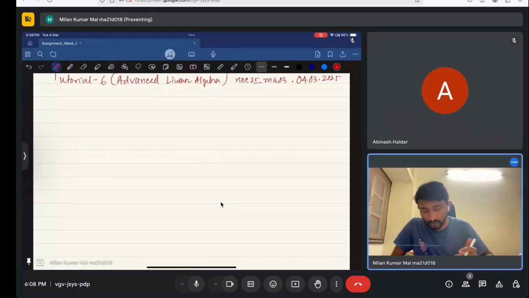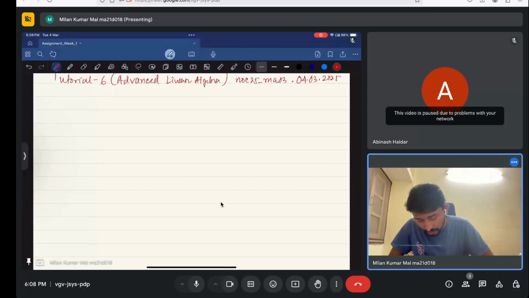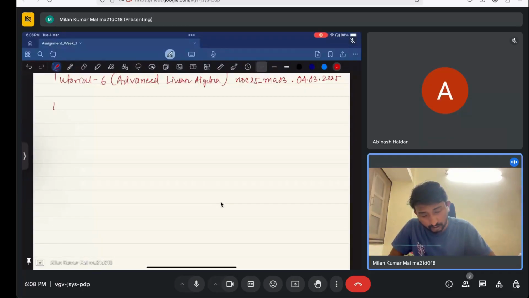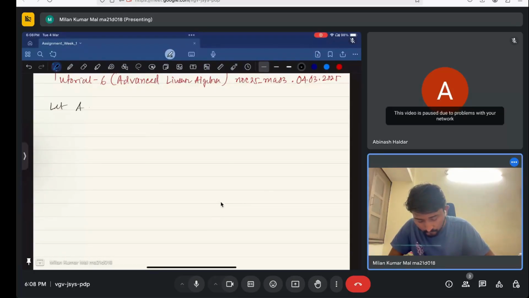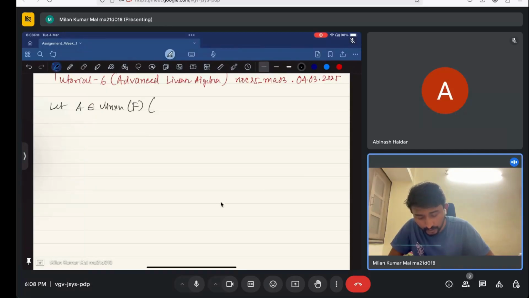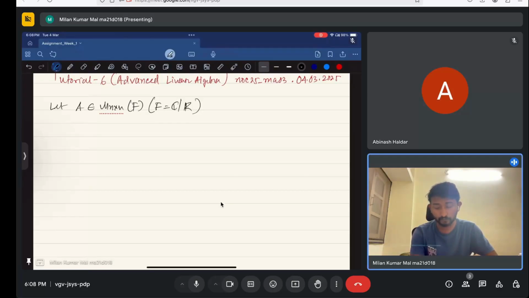Let A be a square matrix over a field F. For our case F will be either the complex or real numbers, and we may also have the rational numbers, but for simplicity we can take complex or real. Let A = (a_ij), an n by n matrix.